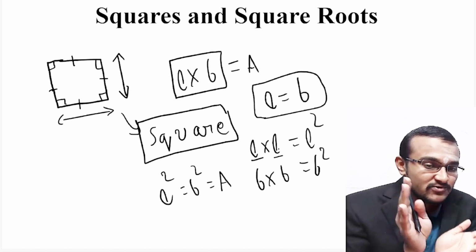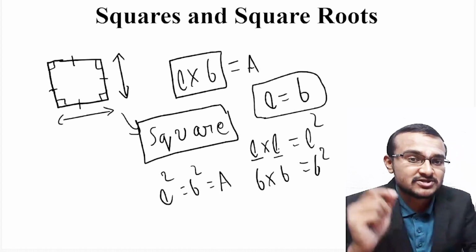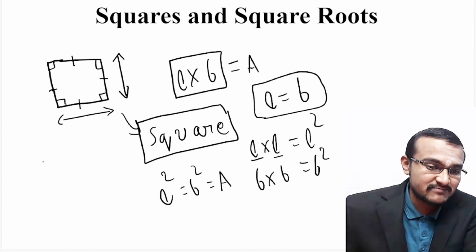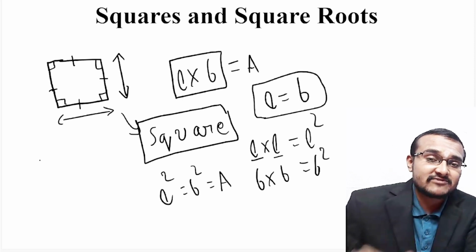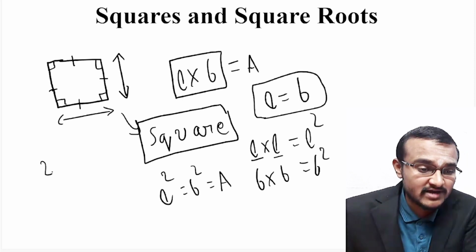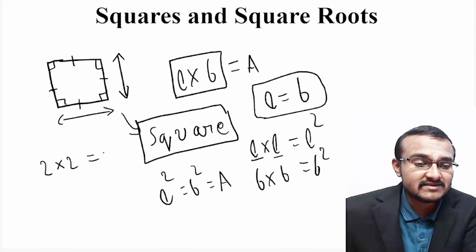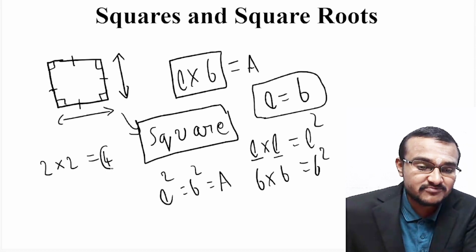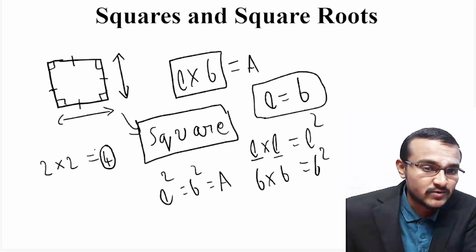So when you calculate the area of a square, you multiply the same number twice. If you multiply any number twice with itself, that will be a square. For example, if you have the number 2 and it is multiplied with 2, the answer will be 4. So this 4 will be a square number, a perfect square number.